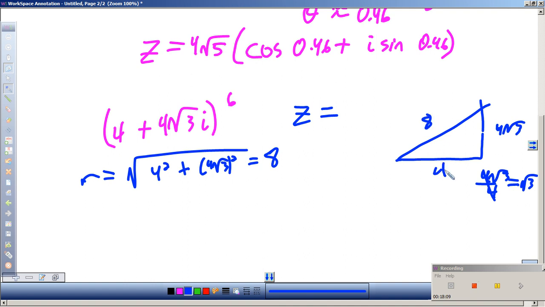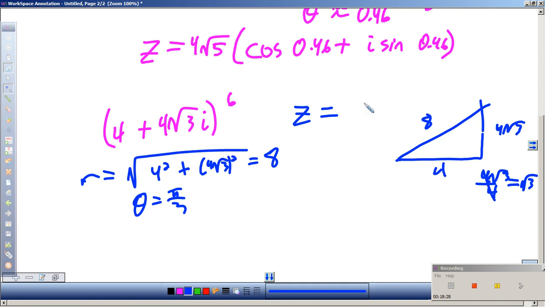Very easy one. This would have to be 8, right? 4 over 8, where is cosine equal to 1/2? Okay, pi thirds. Anybody stuck on that? Okay, so theta will equal pi thirds.